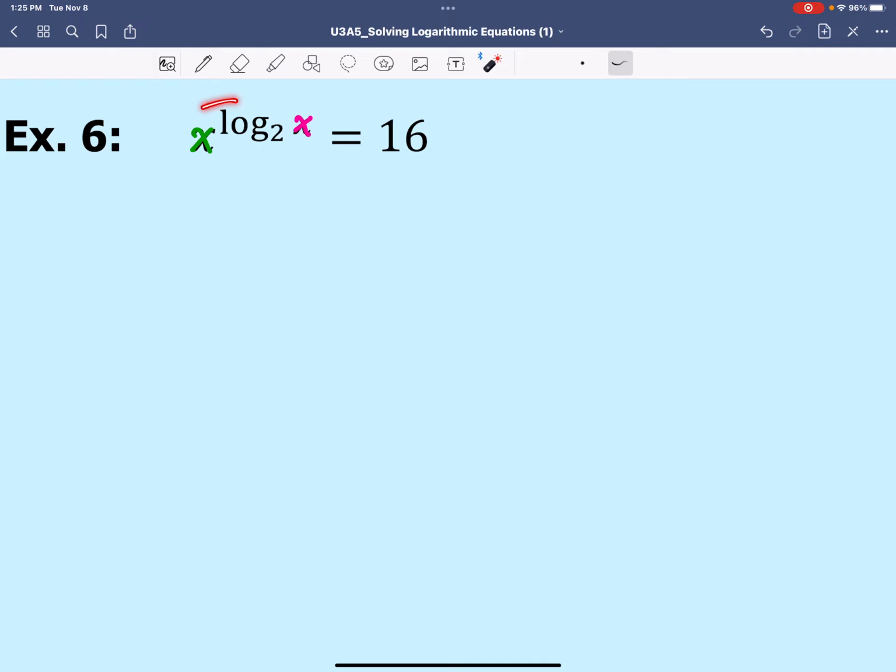And there is no rule that we have learned to simplify this. So since this is an exponential statement, we can try to convert it into a logarithmic statement. That can be one way. And when this happens, then we will have log with base 2 of x equals, and then we have the base x to the power of 16.